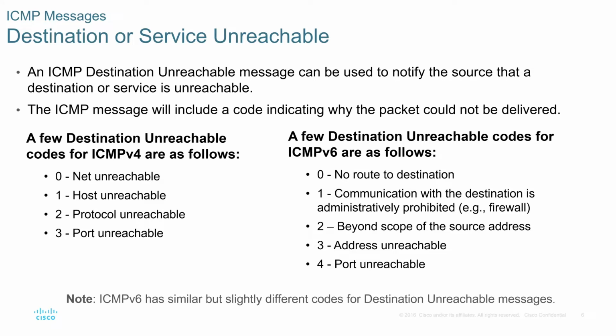So when we get a response from ICMP as to why we were not able to get there, the codes in the returning message would indicate a general reason, such as for ICMPv4, 0 is that the network is unreachable, 1 is the host on the network is unreachable, 2 is that the protocol is unreachable, 3 would be that a port is unreachable.